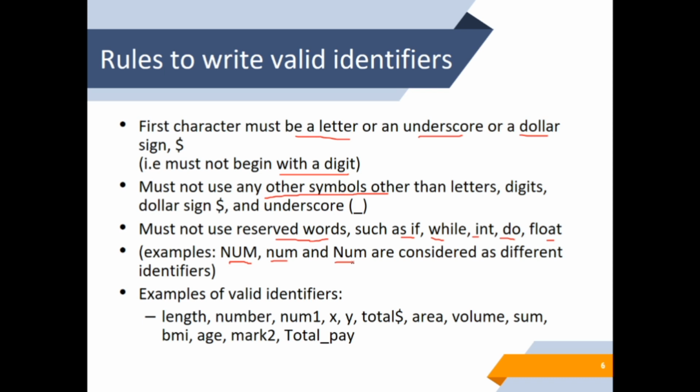Bear in mind, identifier is case sensitive. We look at a few identifiers. The first one is length, number, num1, x, y, $total, area, volume, sum, BMI, age, mark2, total_pay. These are the valid identifiers.